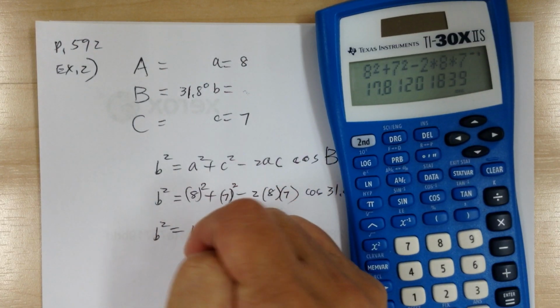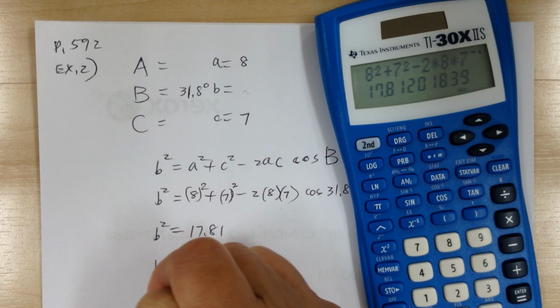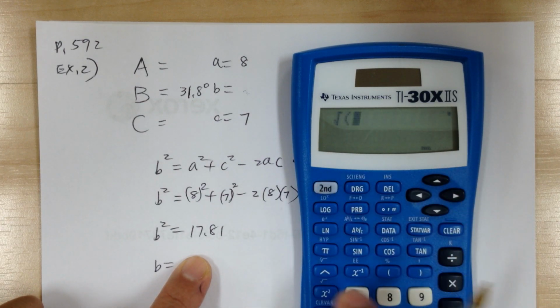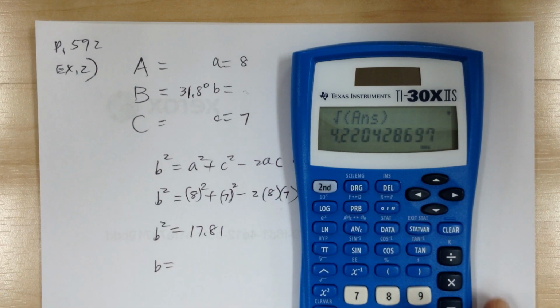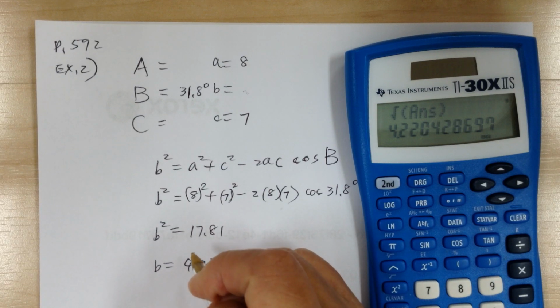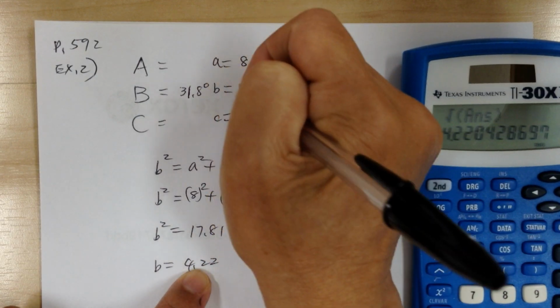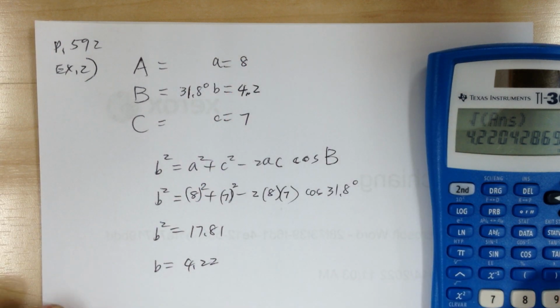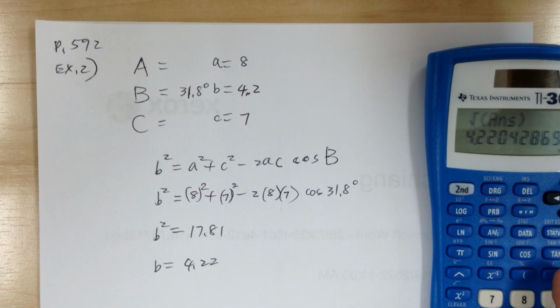So b squared equals 17.81, and so b equals the square root of that. So square root of the answer I got from before. You're going to get 4.22. And you want to round off to 1 decimal. So when you put it down here, just 1 decimal is good enough. So 4.2.